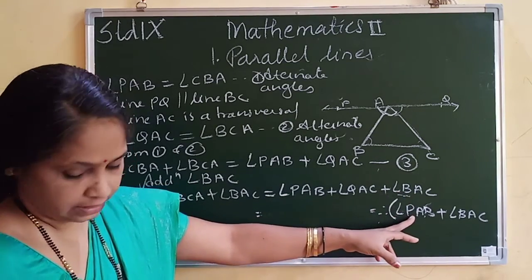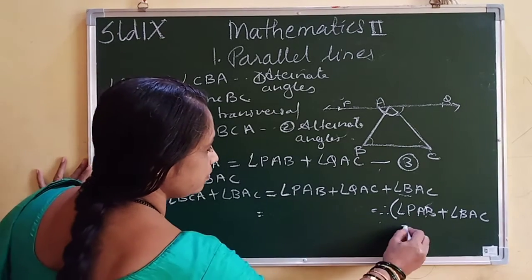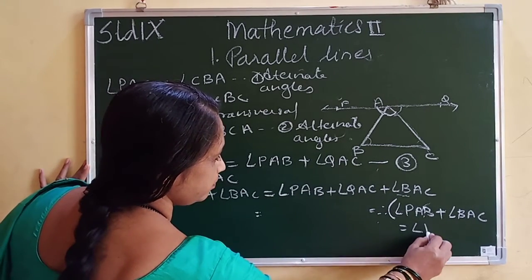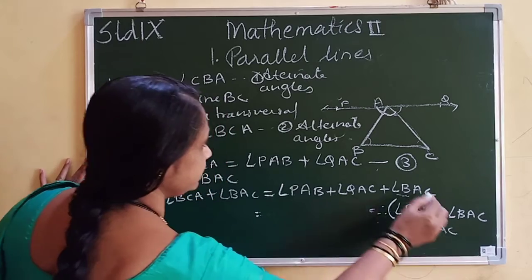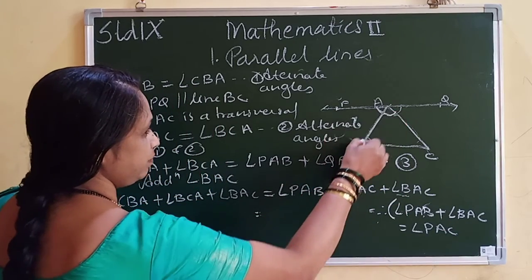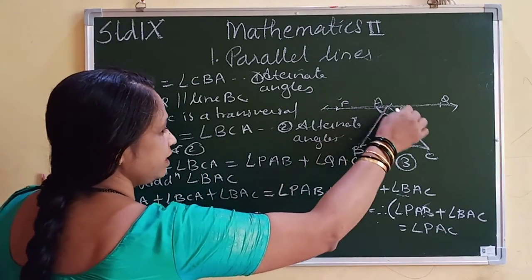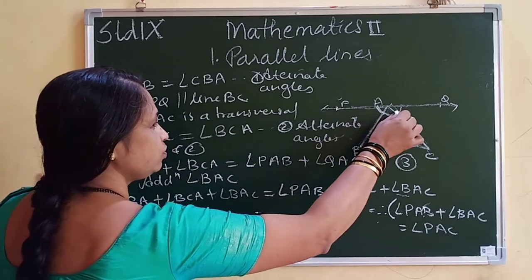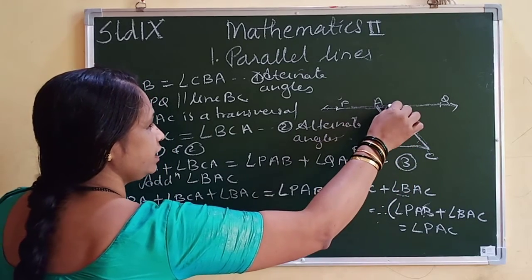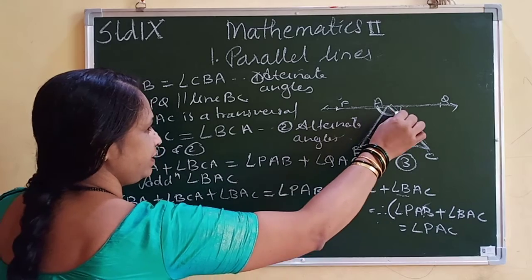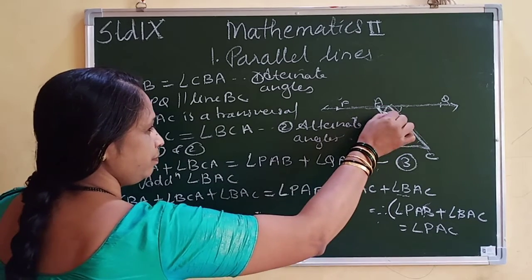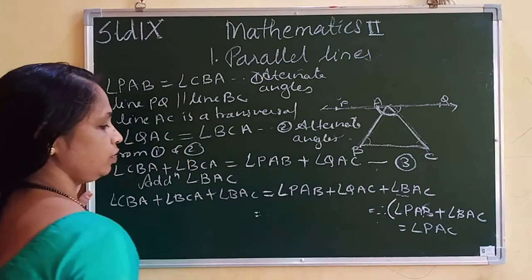These two angles are equal to angle PAC. You see, PAB and BAC. This is equal to angle PAC. The sum of this angle plus this angle is equal to this.